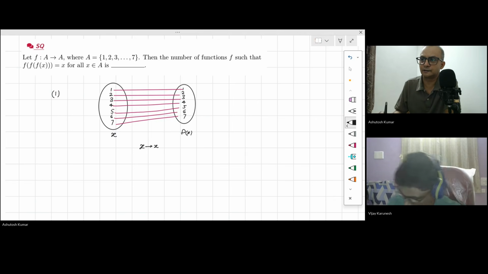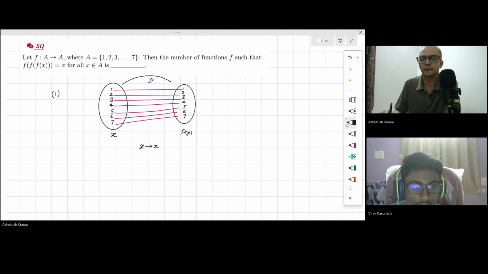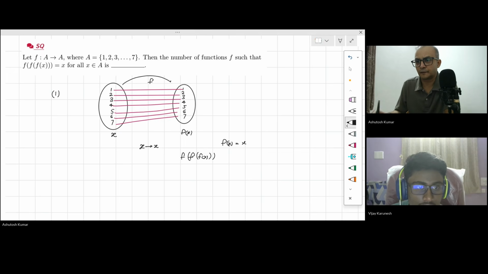So if I have f(x) equal to x, then of course I will get f(f(x)), which is x, correct? In this case, there is only one way to construct the function.